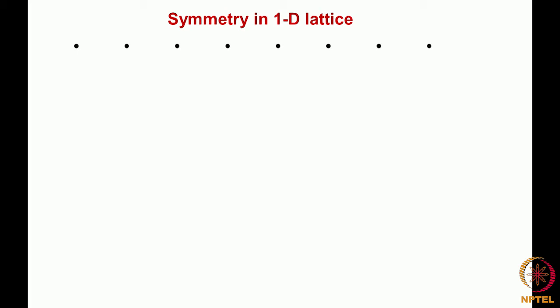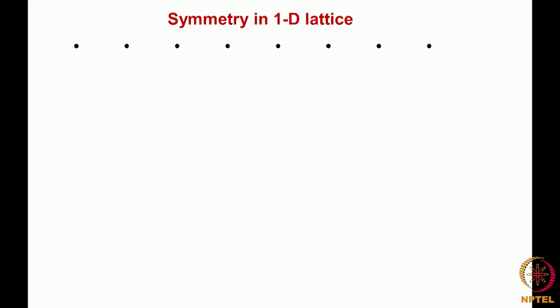If we look at this lattice itself, the first thing we see is that there is a translational symmetry associated with it. If I move from one point here to another point here, after the movement it is at an identical position. So in an infinite lattice we will not be able to make out that we have moved it, correct.